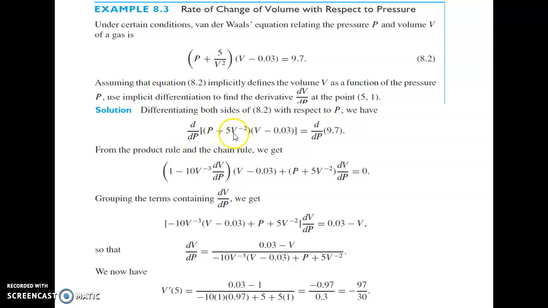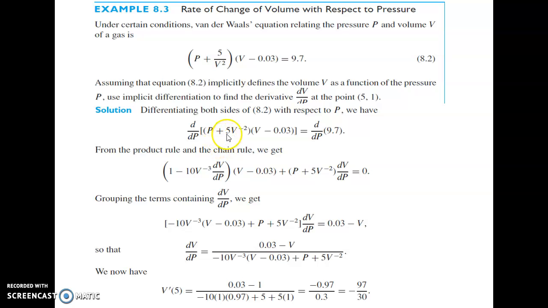So minus 2 into v to the minus 3. So 5 into minus 2, it is minus 10 to the power, then derivative of V, dV by dP. Just you have to be very careful that V is Y and P is X. That's all.